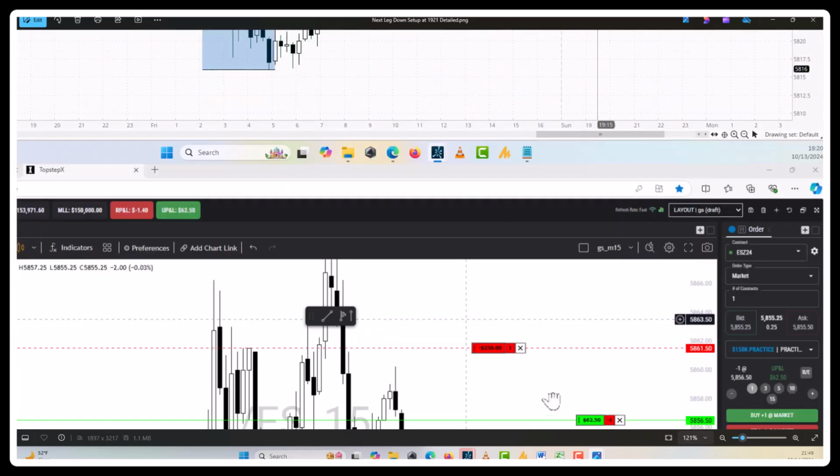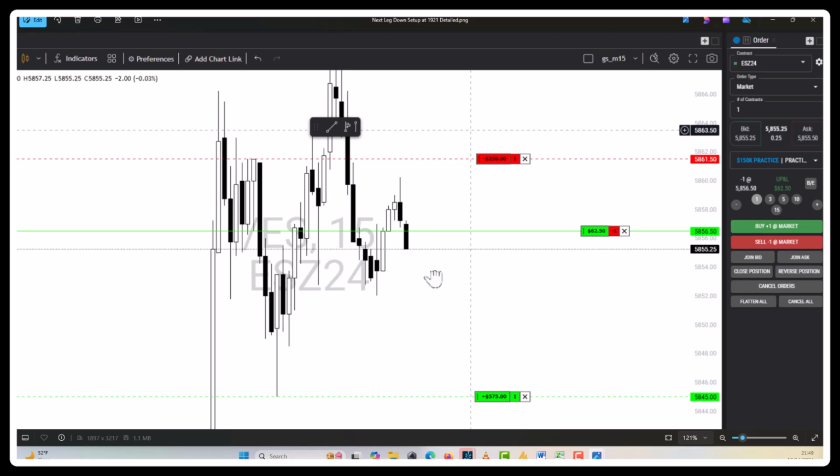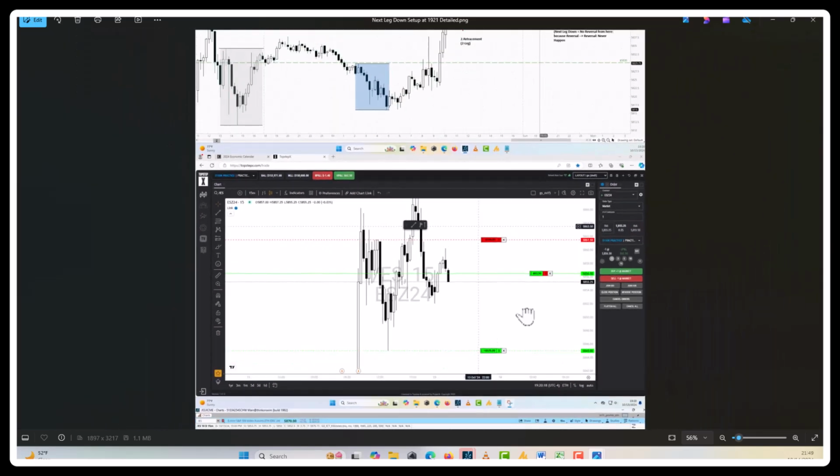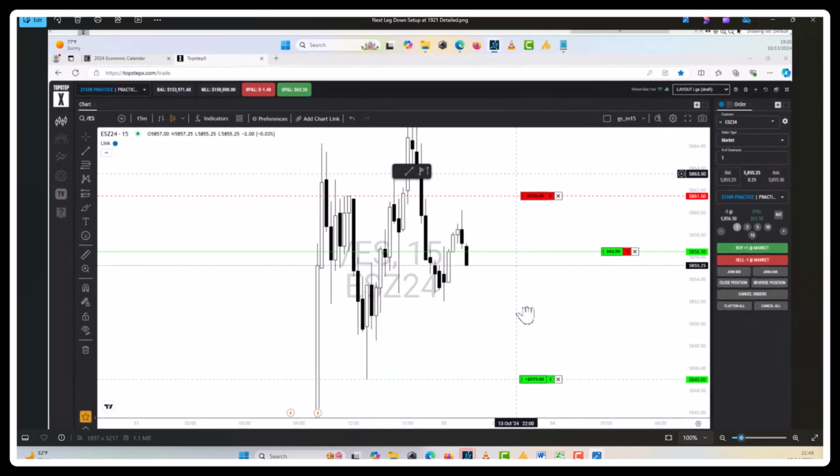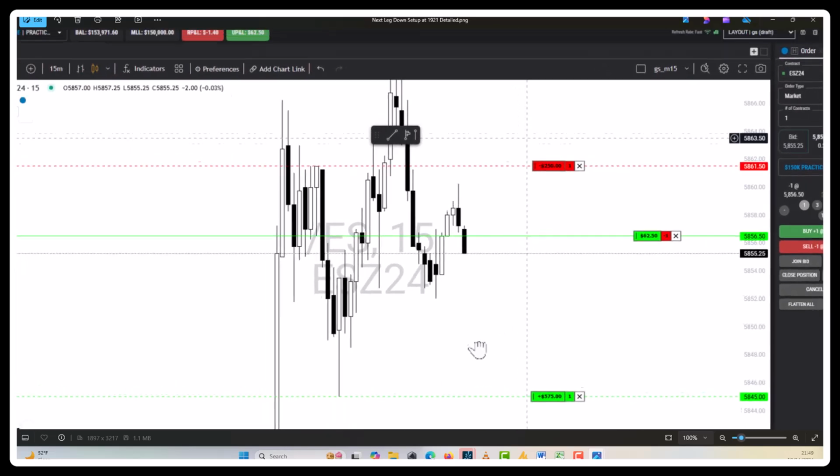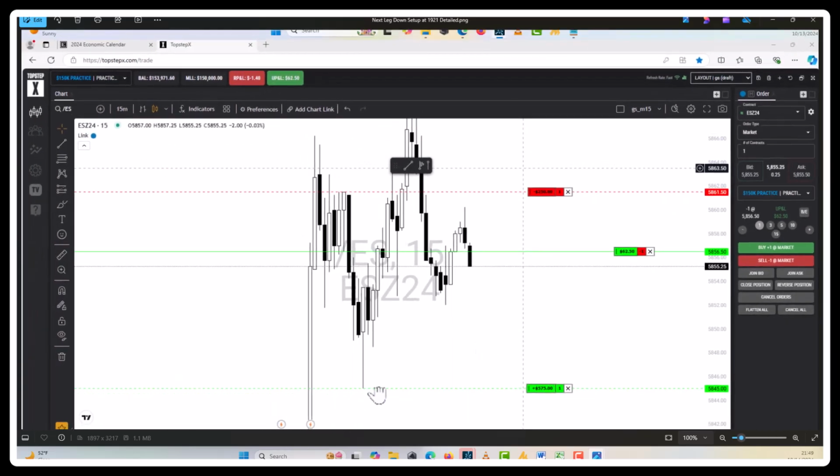So we saw it right there, and it went in our favor, into our direction. But the question is, where is the right target? Basically, we put our target all the way down here at 58.45.